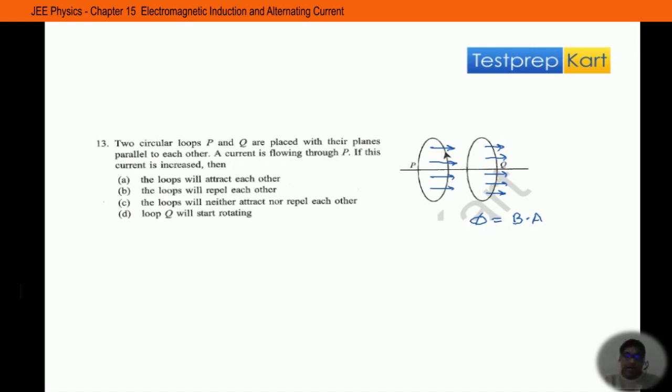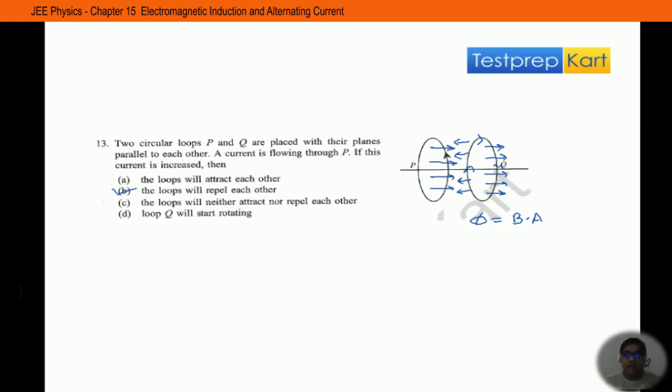And again a current will be generated in coil Q. The direction of current would be like this, because it will oppose the main phenomena. And as a result, there will be opposite magnetic field according to Lenz, B dash we can consider. Due to that, there will be a repulsive force. So the loops will repel each other when we are increasing current in loop P. Okay. So option B is correct in this case.